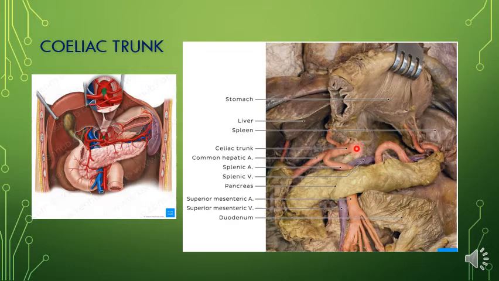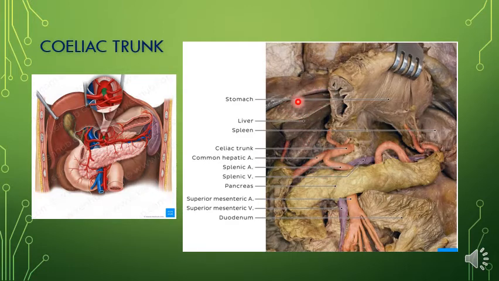earlier part on relations, the celiac trunk is sandwiched between the pancreas, the tuber omentale of the pancreas from below. This is the pancreas here. Here the tuber omentale is there, which is a projection from the neck of the pancreas, from below, and above you will see the papillary process.